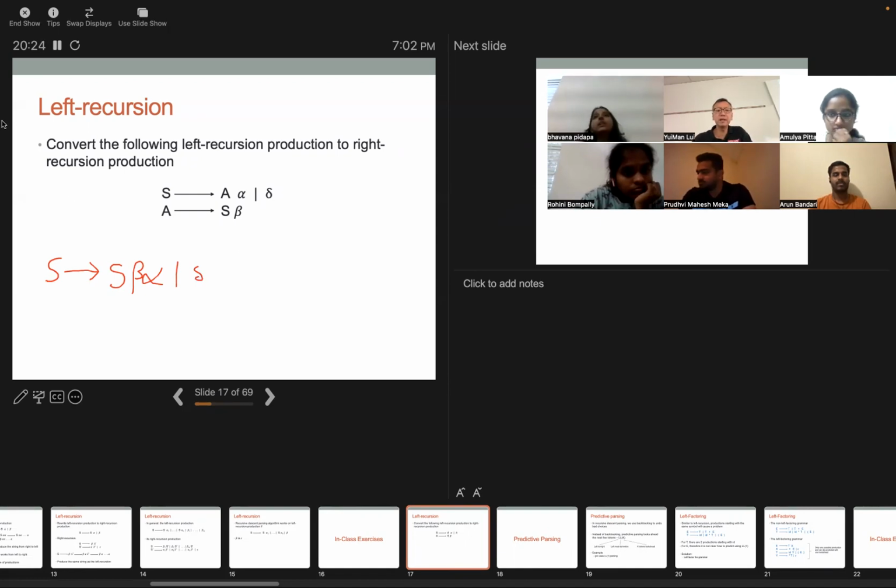So you can see S is the recursive call, and it is on the left. We don't like this type of grammar. So your task is to rewrite this grammar to become a right recursion.